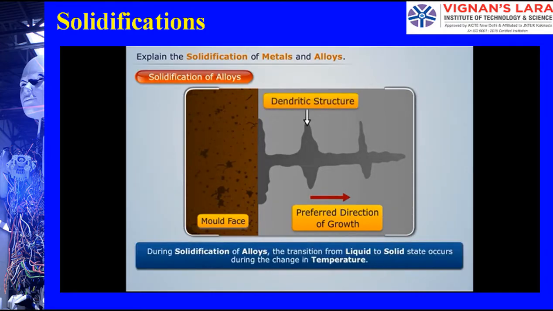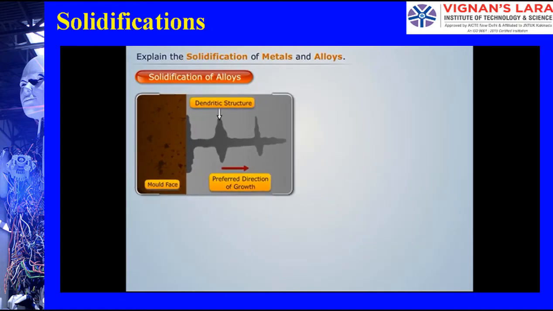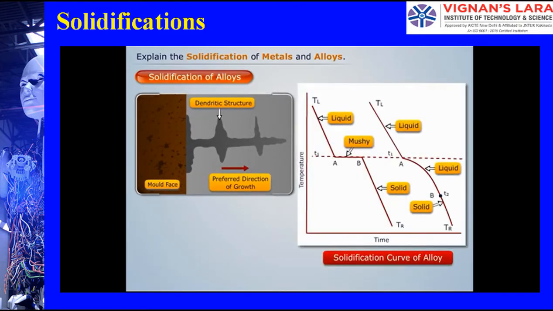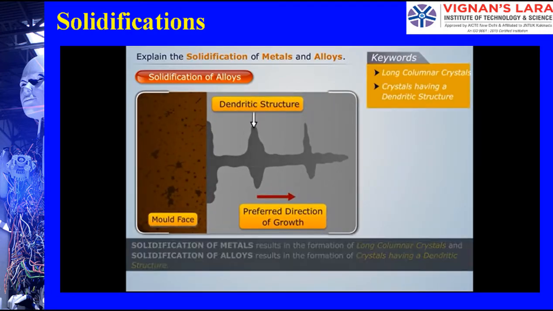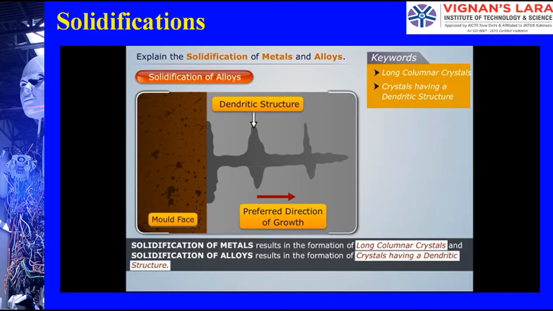Note that during solidification of alloys, the transition from liquid to solid state occurs during the change in temperature. This can be represented graphically as. Thus, we can say that solidification of metal results in the formation of long columnar crystals and solidification of alloy results in the formation of crystals having a dendritic structure.